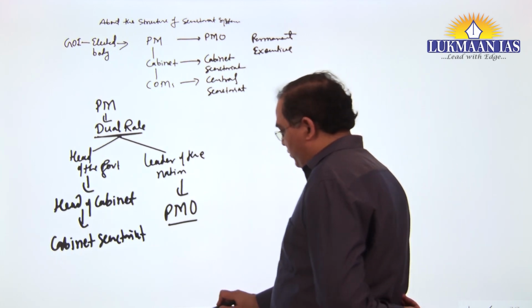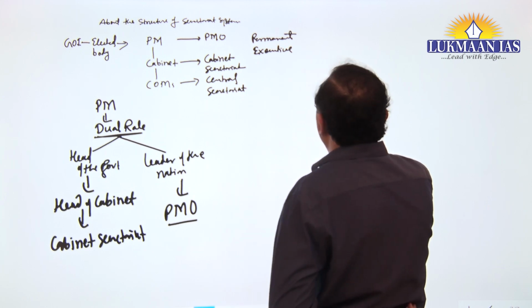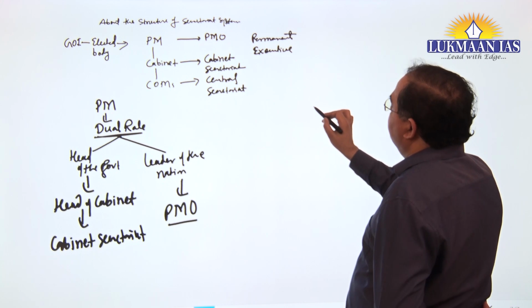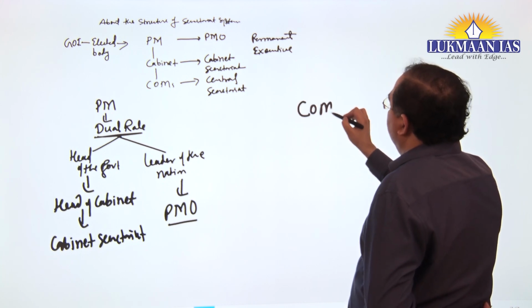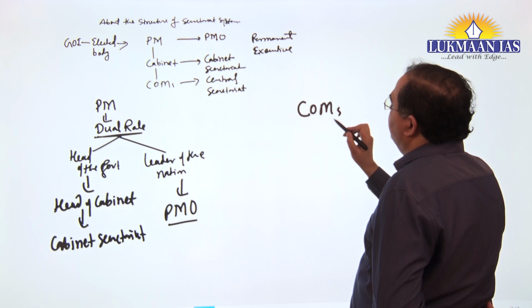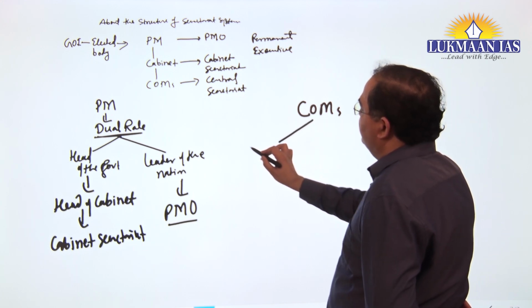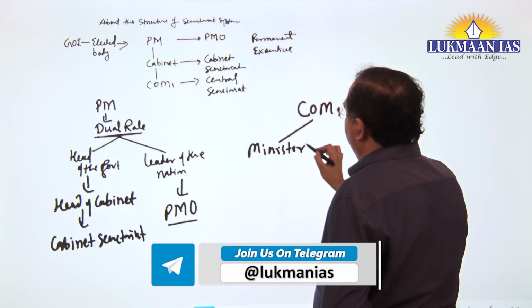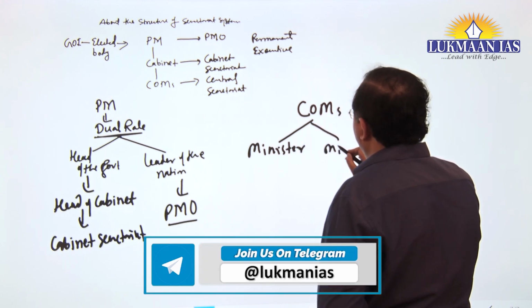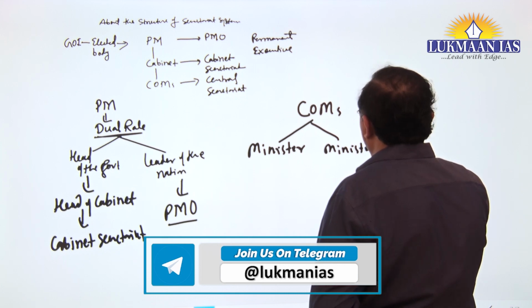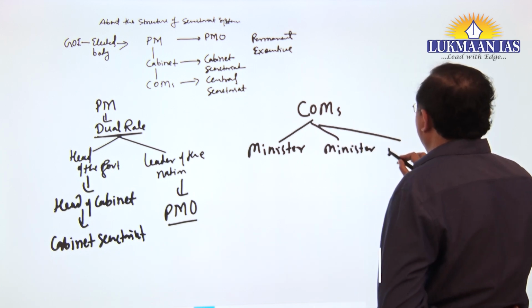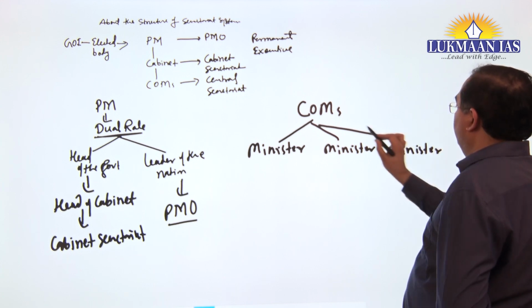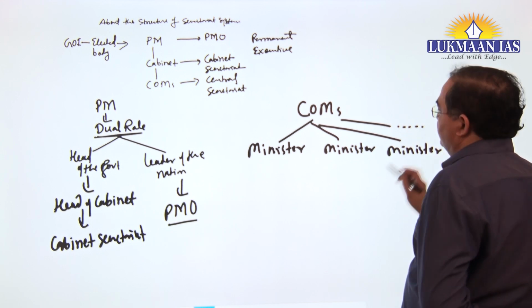Now, let's take the Council of Ministers. The Council of Ministers are nothing but the ministers: the Prime Minister plus other ministers.